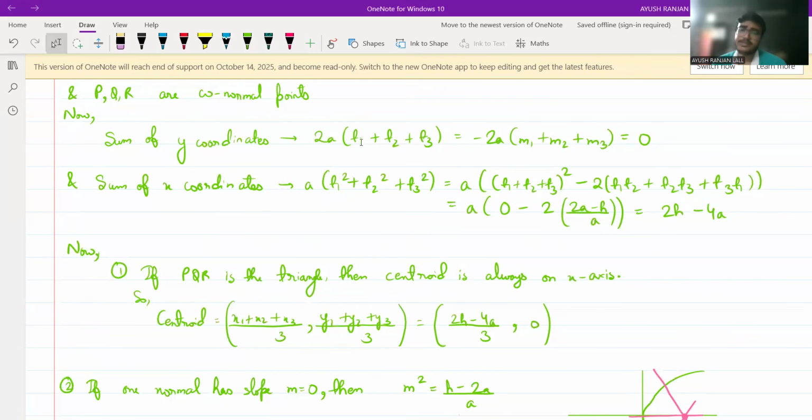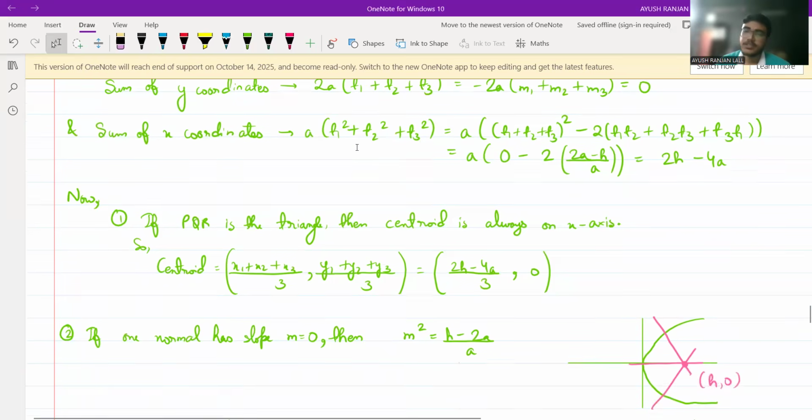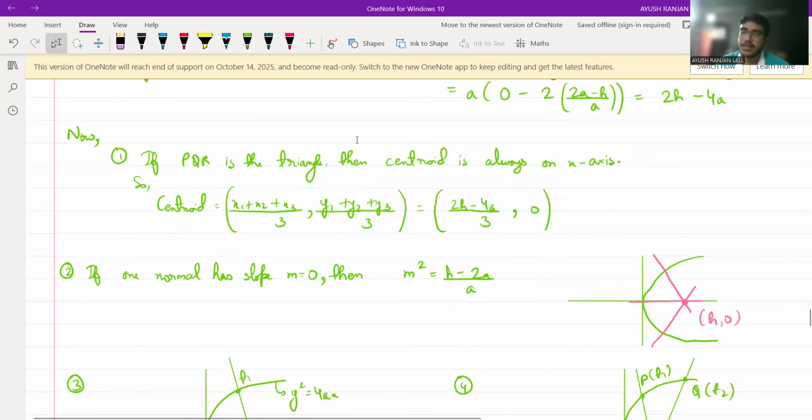It is 0. So if there are any questions with a centroid in a parabola, they have used this property, saying that the y coordinate will be 0. Remember, they always play with this one only.